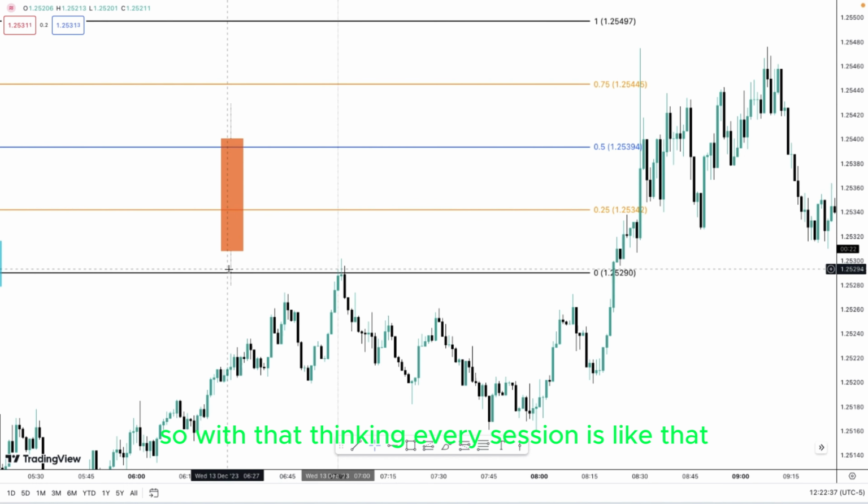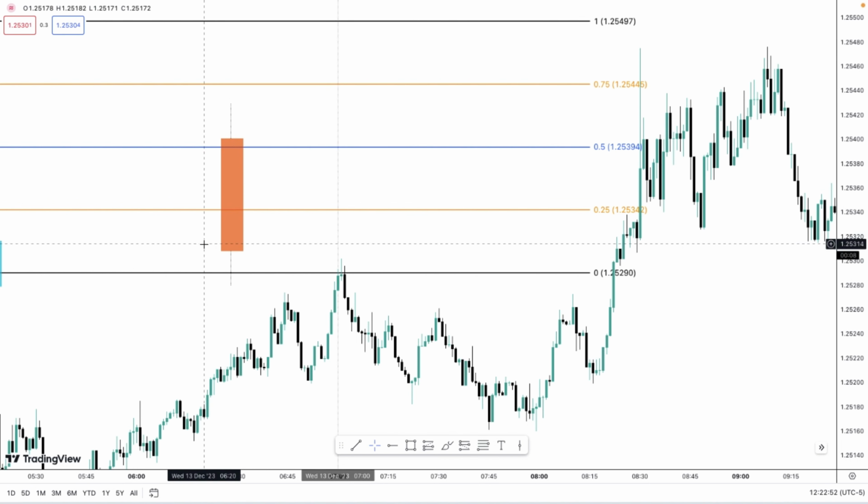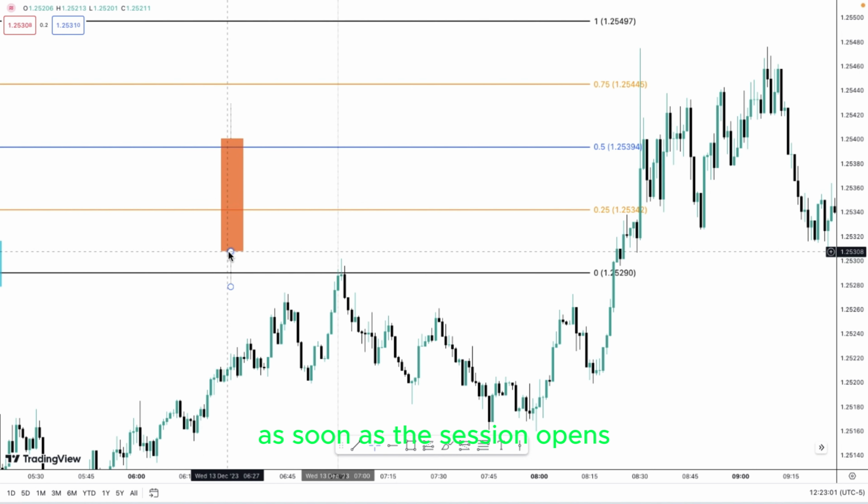So with that thinking, every session is like that. In retail, you know there's trading sessions, there's New York, there's London. But what does it mean to you as a trader? A lot of retail traders may not be aware of that. What every session means to institutional traders is that as soon as the session opens, they will anticipate the algorithm being in some sort of protraction stage, in other words, the Judas move.